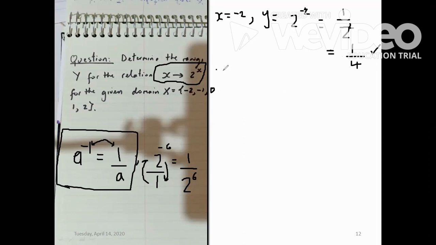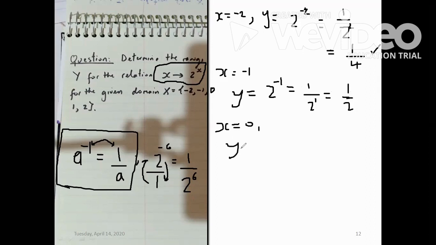Alright, let's look at the other one. When x equals negative 1, y is going to equal 2 to the negative 1. And that's going to be 1 over 2 to the positive 1. And 2 to the 1 is just 2. So remember this one, the numerator came from down here. Let's do the other one. x equal to 0.